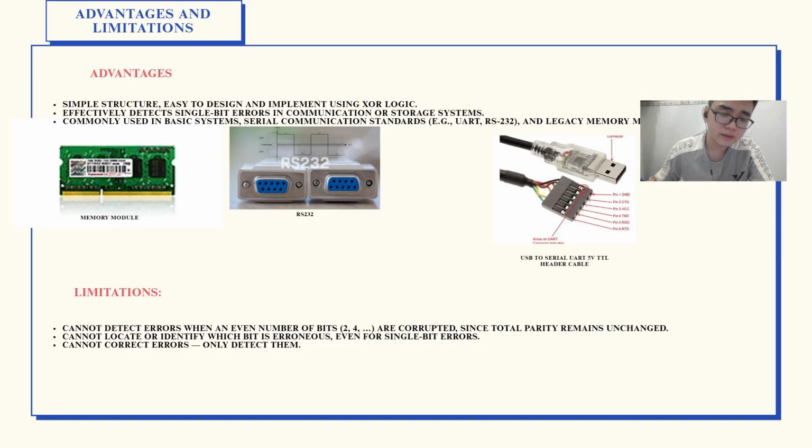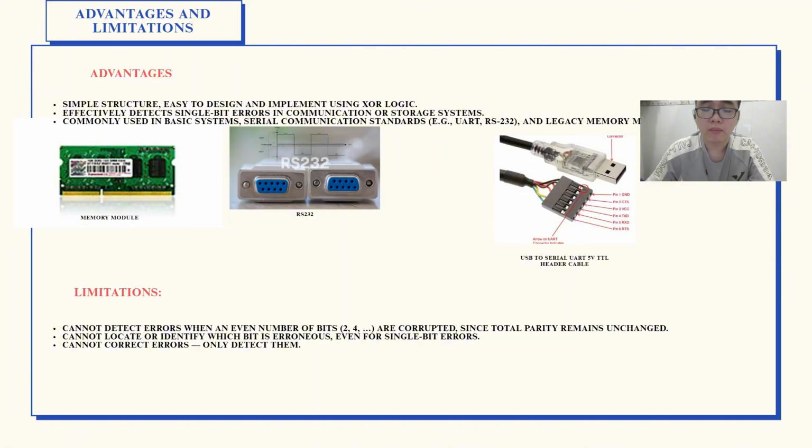To summarize this session, parity codes are efficient for simple systems where reliability requirements are moderate, but they're not sufficient for applications demanding high fault tolerance or automatic error correction.